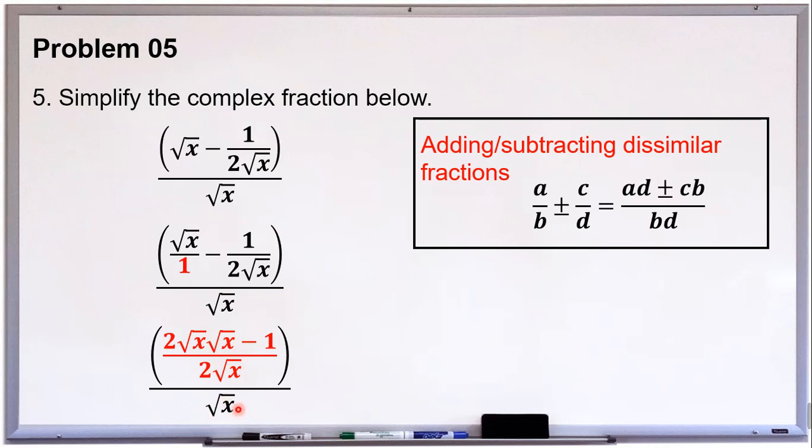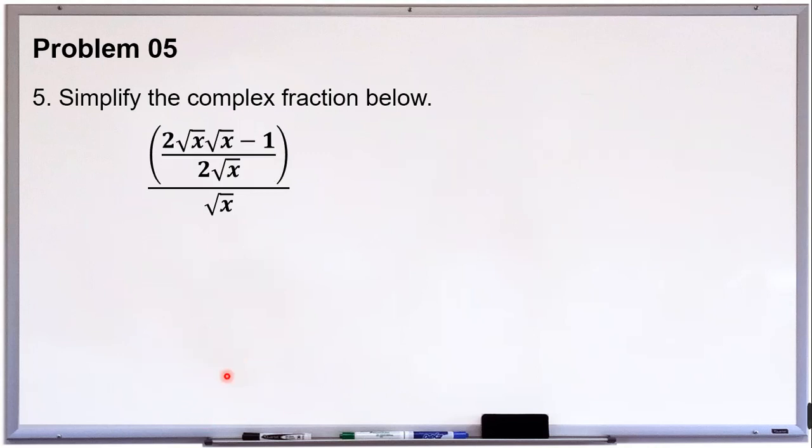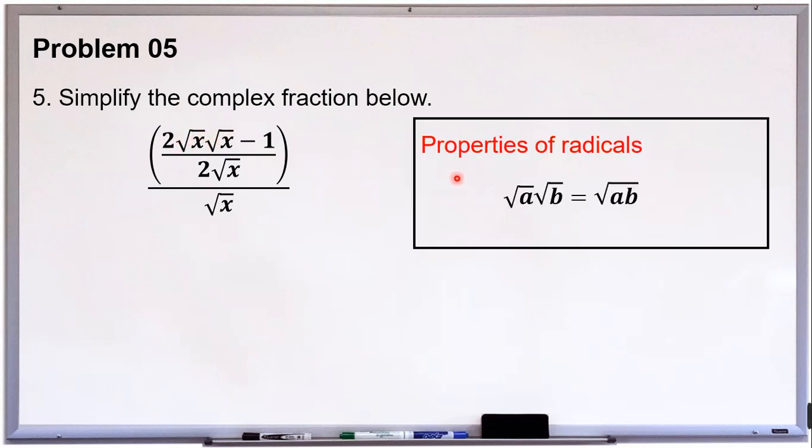The next step is we're going to simplify this by applying the properties of radicals. If you have square root of a times square root of b, with the same index, simply multiply the radicands. So you have square root of a times b.